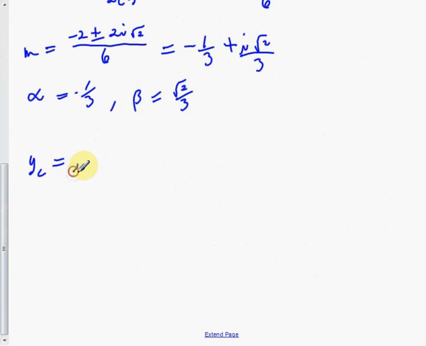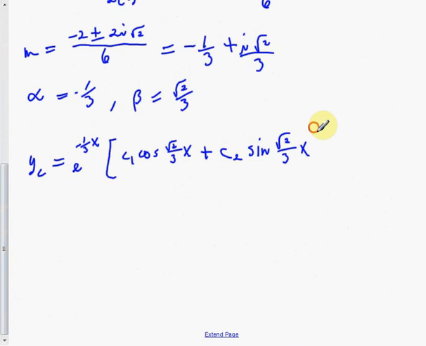So y sub c is e to the negative 1/3 times x, times c sub 1 times cosine of the square root of 2 over 3 times x, plus c sub 2 times sine of the square root of 2 over 3 times x. Okay. Everybody fine with that? Okay. All right.